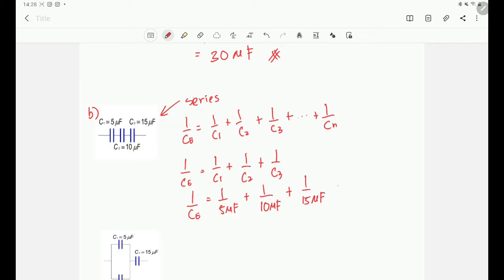Just add them and you get CE equals 2.72 microfarad.